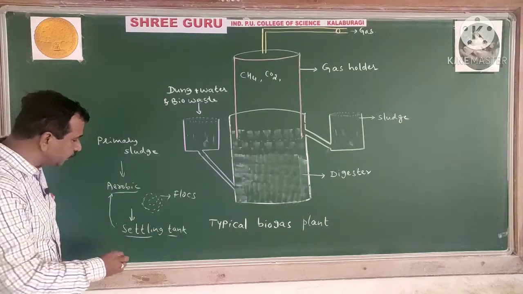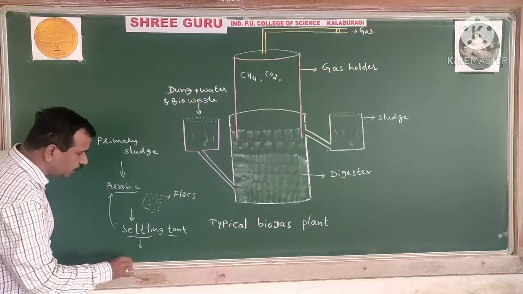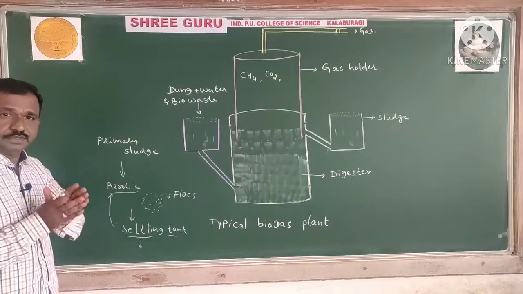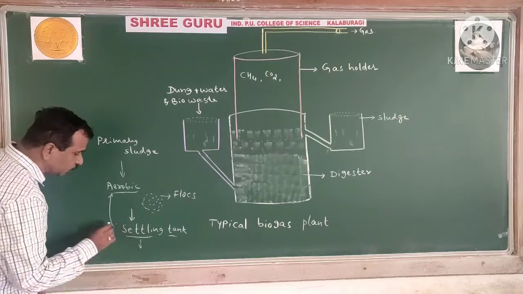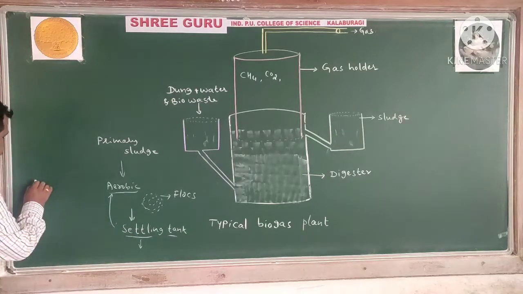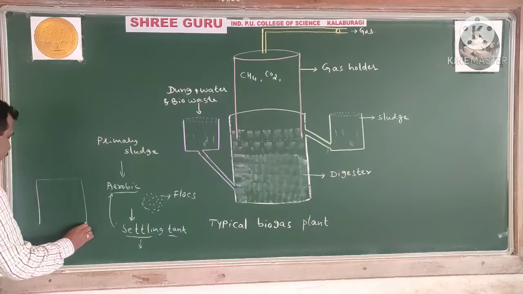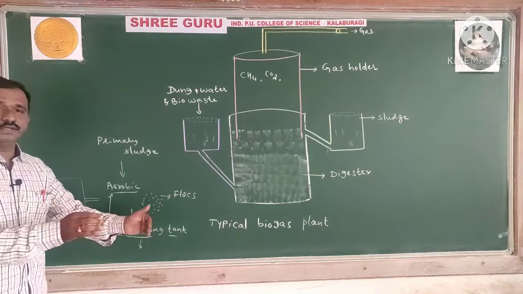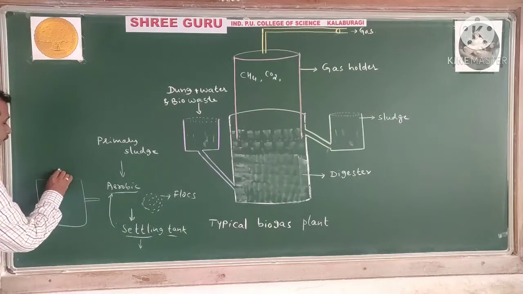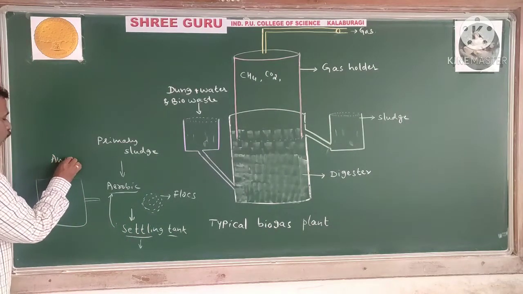Later you can observe that this activated sludge, this kind of effluent, or we can even consider it as substances, is sent into the next region, a closed container, where it is allowed to enter so that anaerobic bacteria can grow.